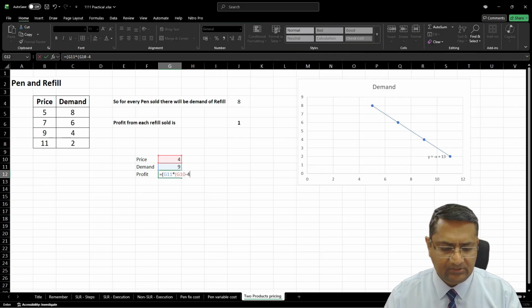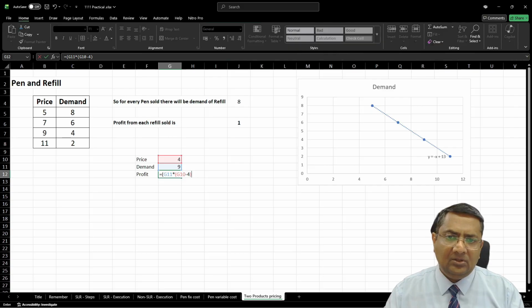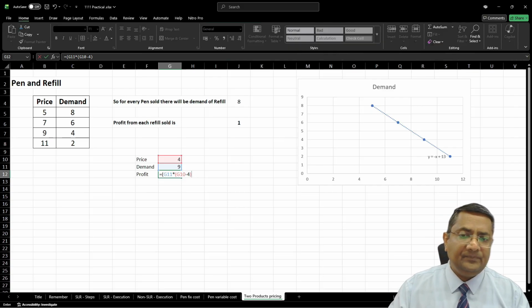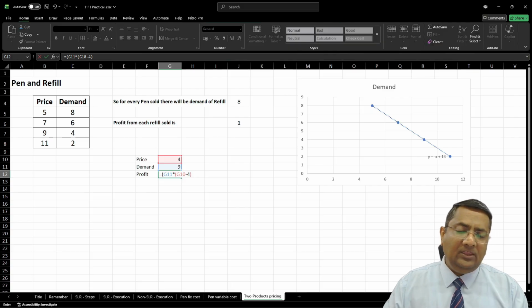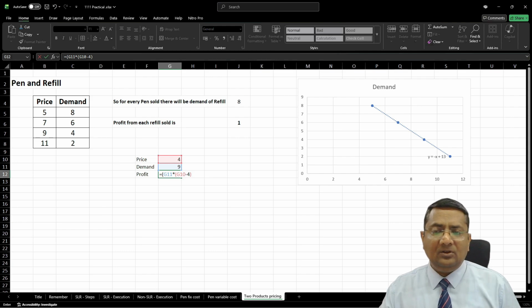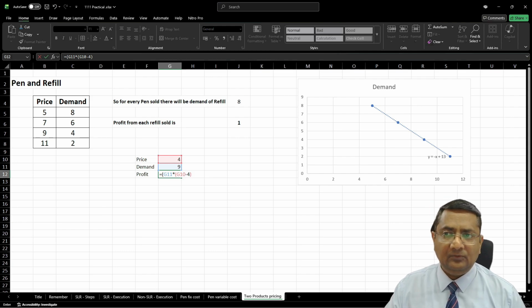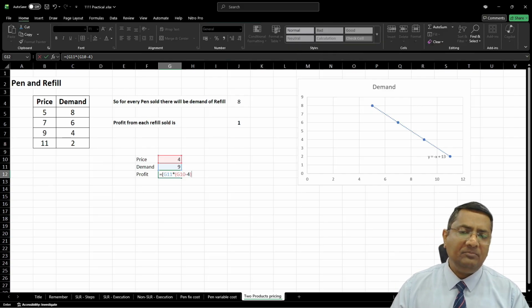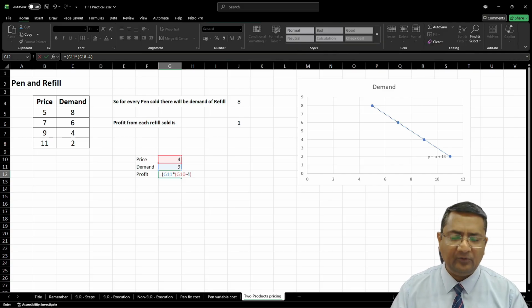Okay, cost is 4. Now see, if the price we have assumed is 4 for our pen, and the cost of pen we have assumed is 4, it means by selling the pen at 4 rupees we will not earn anything, means we will not get profit.